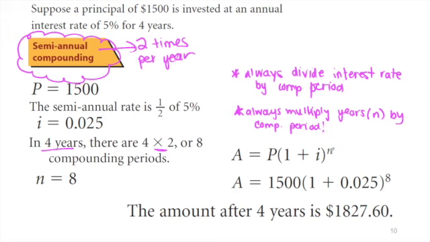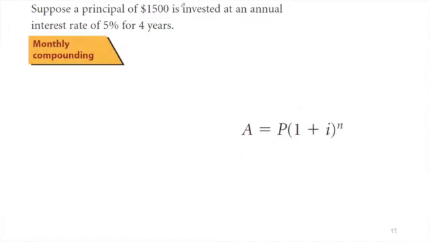Make sure you know that, because that's your key there. You're never going to multiply your interest rate or divide your number of years. It's always divide the interest rate, multiply your years.